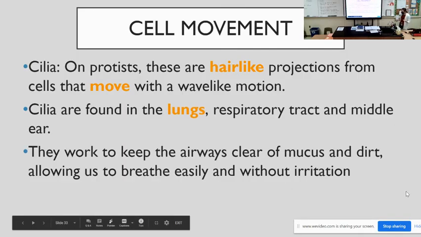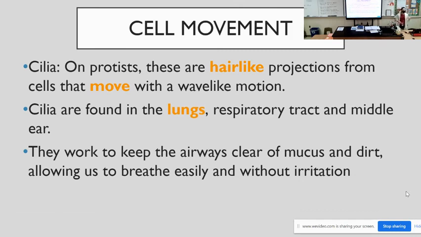Then, a couple other things. These don't have to go along with the organelles, but there are features on cells that help them move. So one of those features is called cilia, and this is on protists, and they can be on animal cells as well. But they're little hair-like projections on the cell that helps them move around, and it kind of helps them crawl and move along in a wave.